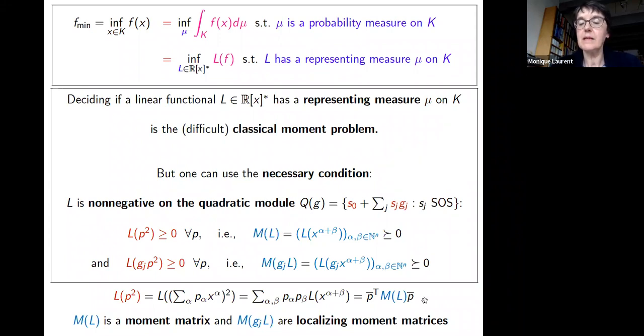Maybe it's easiest to read the line below the box. L of p squared: just write p in its monomial expansion, the sum of p_alpha x^alpha, squared.